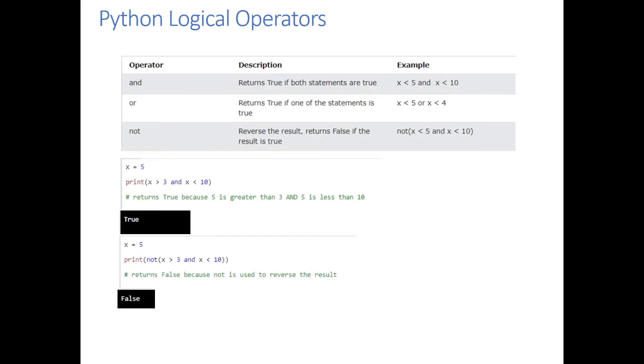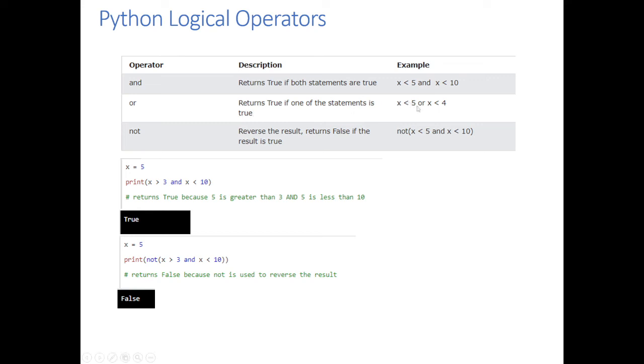So Python logical operators, we have and, or, and not. And returns true if both statements are true. So let's say x is lesser than 5 and x is lesser than 10. Or returns true if one of the statements is true. So if you use or, as long as one statement is true, then it returns true.